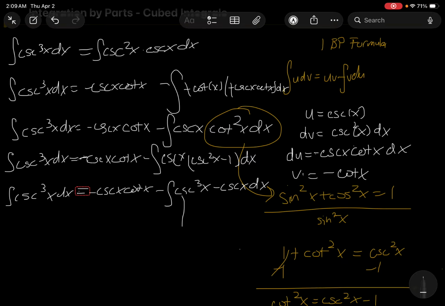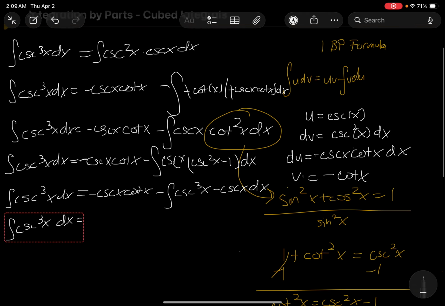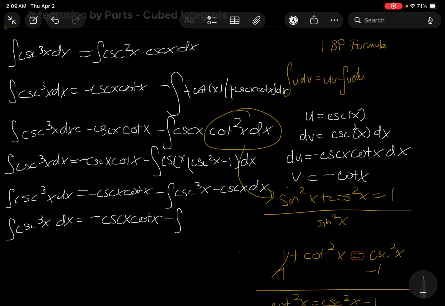And now we're going to factor in that negative in front of the integral. So it's going to be the integral of cosecant cubed of x dx equals negative cosecant of x cotangent of x minus the integral of cosecant cubed of x dx plus the integral of cosecant of x dx.